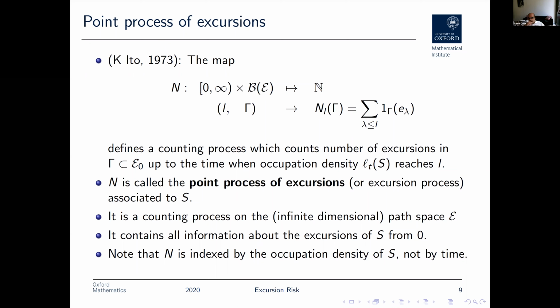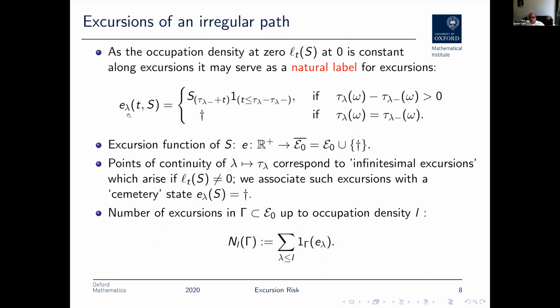Okay. So, following this idea, Ito in 73 said that this is the most natural way to describe the excursions of a path. And so he gave the following description, and I will come back to this tomorrow because this is a very important topic. He said, if you give me a path S, I can index the excursions of the path from 0 through the value lambda of the occupation density on each excursion.